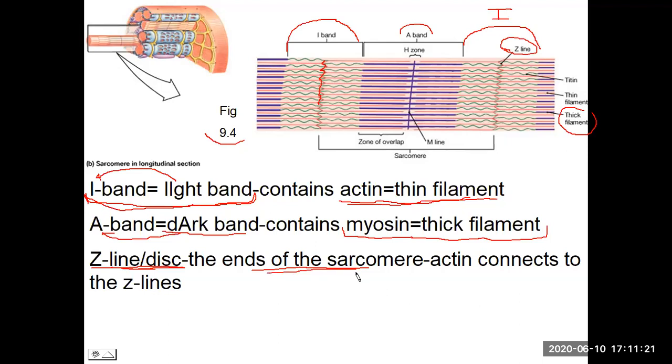And another trait is the thin filaments are connected to the Z lines. That's represented here as the red line, the thin filament. And the thin filament is always connected on to the Z lines. So these first few parts here: I band, A band, and the Z disc.